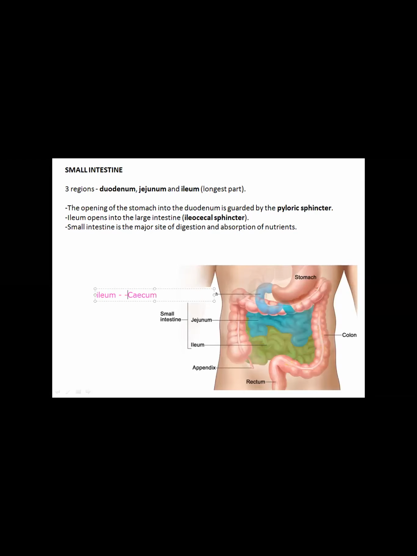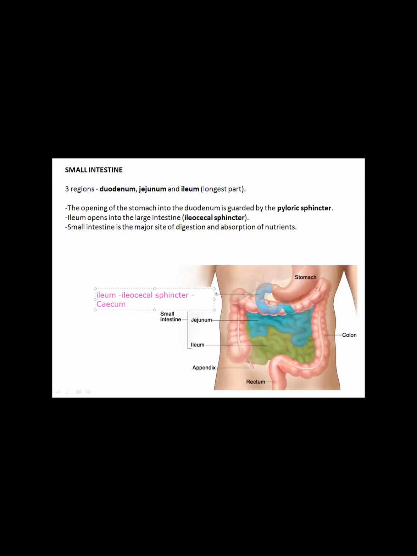So ileum और cecum के बीच में जो sphincter present होगा, means small intestine and large intestine के बीच में जो sphincter muscle present है, it is known as ileocecal sphincter. Ileocecal sphincter. Khushi, in the last class we had discussed what is the need for sphincter.